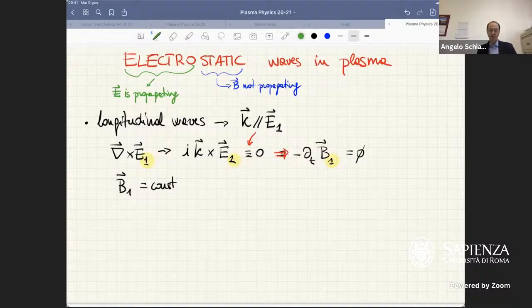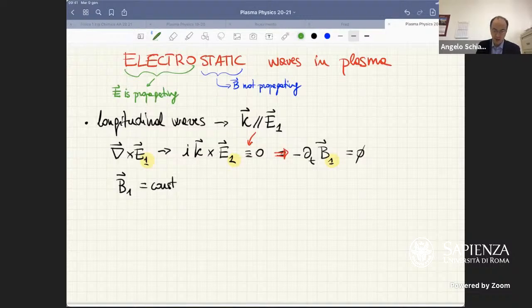And when we are talking about wave phenomena, they are usually much faster than the thermodynamic scale. To assume that the ions are at rest is usually a very good approximation, unless we want to describe something that involves the ions only. Okay.